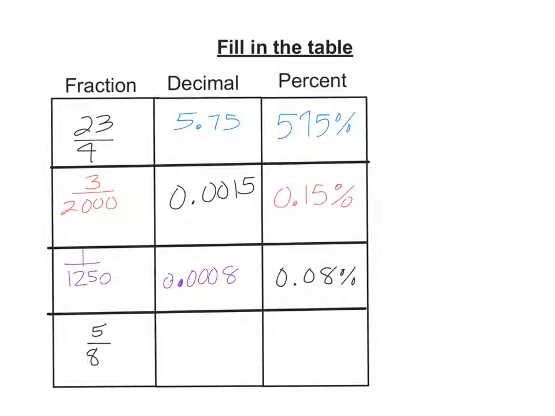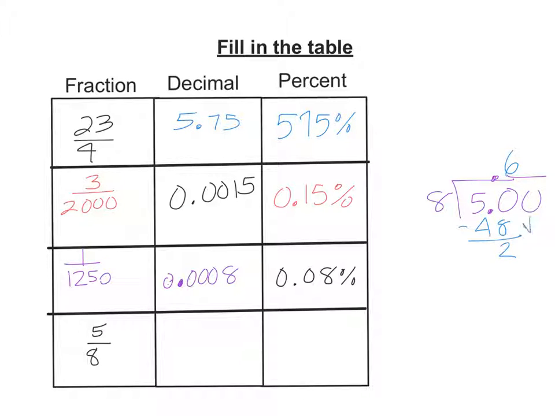So, I'm going to have to do the long division. 5 divided by 8. Add my decimal point, carry it up, add some zeros. How many times does 8 go into 50? 6 times. 6 times 8 is 48.